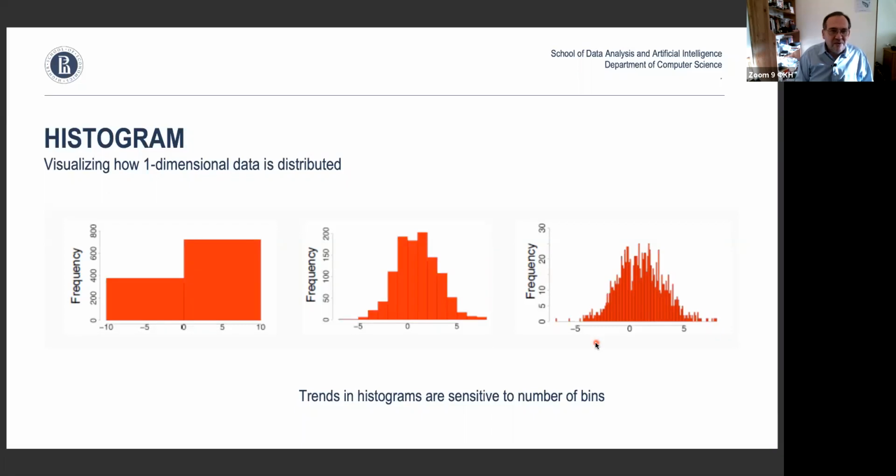But depending on the number of bins, you might be able to see things or not. If I take only a few bins, I will see what I see here, and this is not going to look like a distribution a lot, and it's going to be very skewed, right? If I go here and make very small bins, I might see a very spiky distribution, but at least this tells me something. Probably the optimal here is in the center.